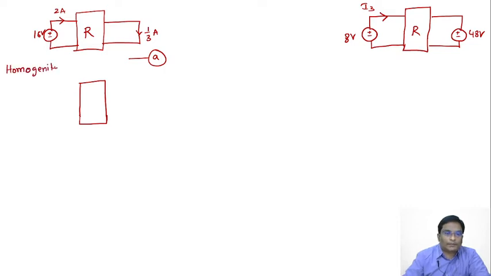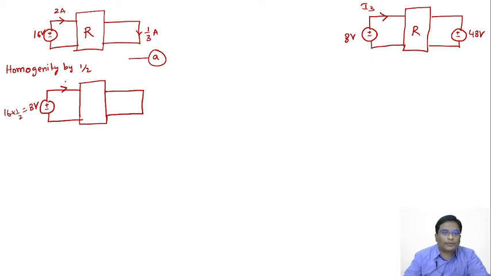If the excitation is multiplied by constant 1 by 2, the response in all the branches also gets multiplied by the same constant 1 by 2. So 16 into 1 by 2 is 8 volts. This response becomes 2 into 1 by 2, 1 ampere. This response becomes 1 by 3 into half.